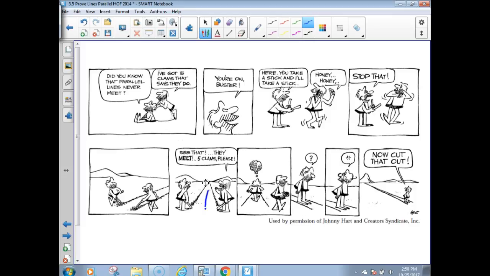Because he looks back and he's seeing the point there, and he starts walking back. He gets to the other end and he's like, hey, they didn't meet. So he had been right in the first place that parallel lines never meet, but he's kind of mad that he gave his clams away when they in fact did not meet. Okay, so obviously that was just for fun.